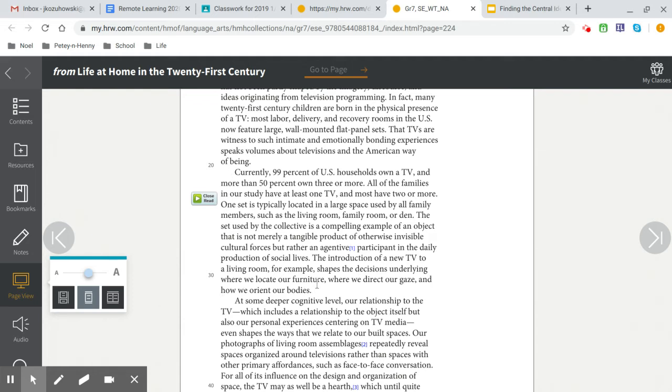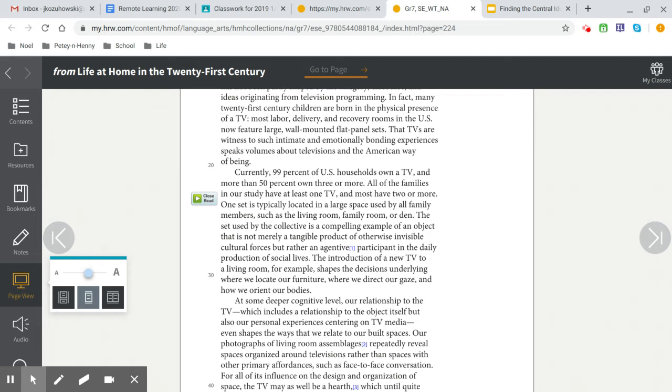Okay. Currently, 99% of US households own a TV, and more than 50% own three or more. All of the families in our study have at least one TV, and most have two or more. One set is typically located in a large space used by all family members, such as the living room, family room, or den.